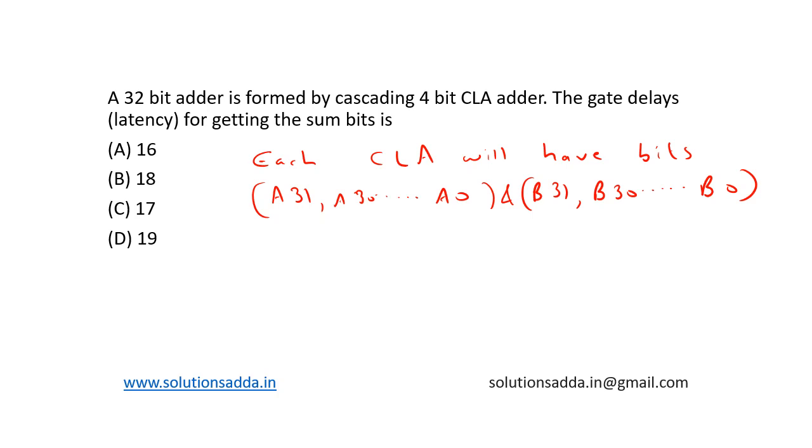Hence the total gate delays would be 1, which would be the XOR cycle, and then 2 cycles for passing the carry out to the next CLA. So we have 8 carry look ahead adders, so 2 into 8, then ultimately one more cycle needed to get the sum from the 8th carry look ahead adder, so 1. So the total answer is 18, and based on the options, option B is the correct answer.